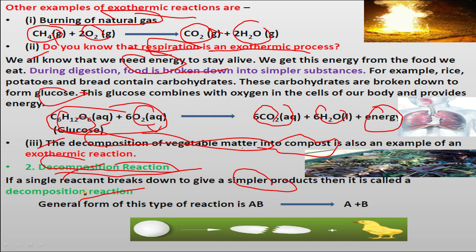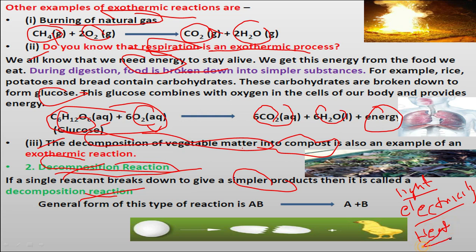Decomposition reaction can take place in the presence of light, that is sunlight or a photochemical source, or electricity, that is electrolysis, or in the presence of heat, that is thermal energy.